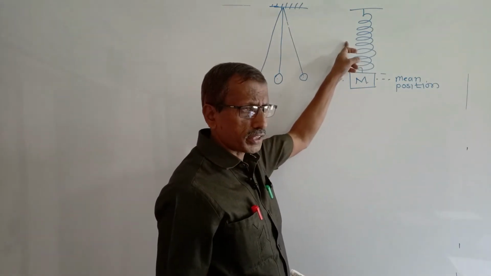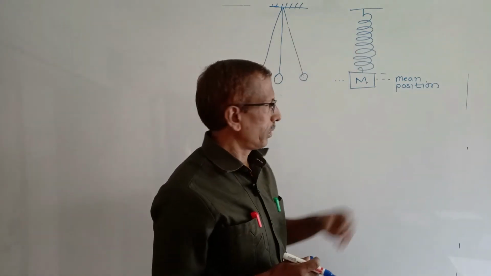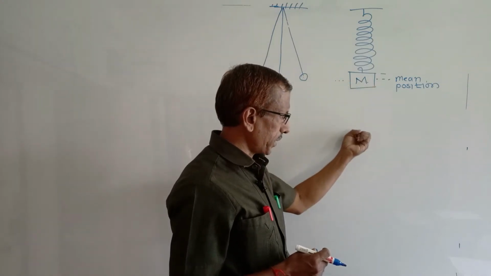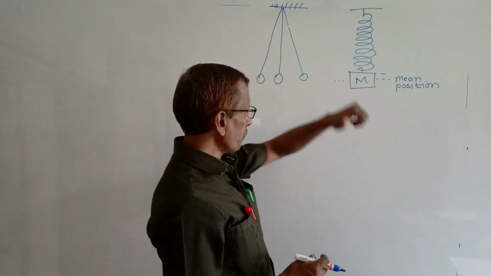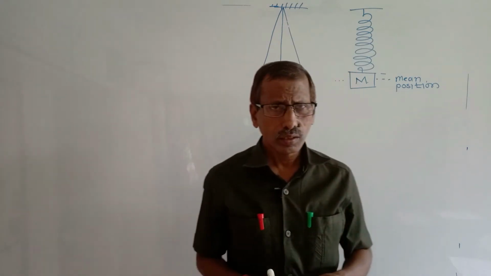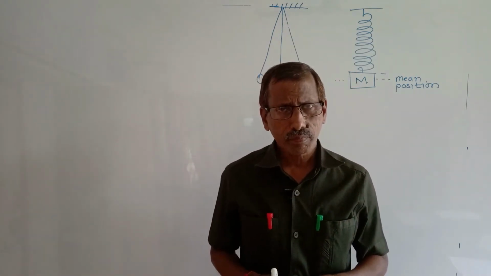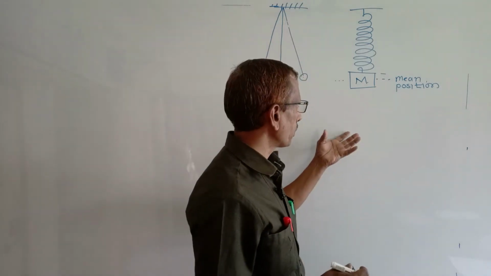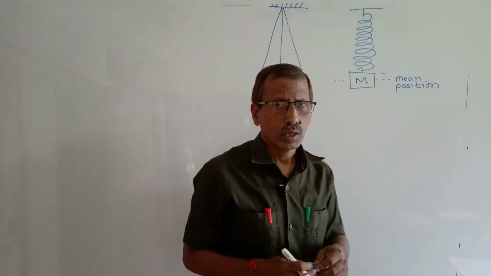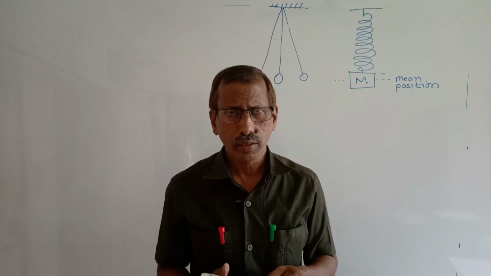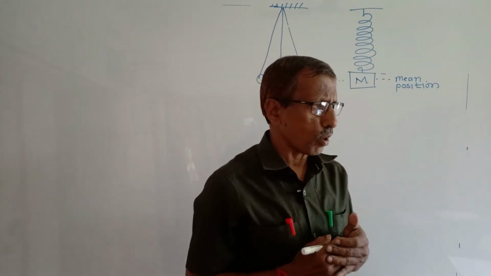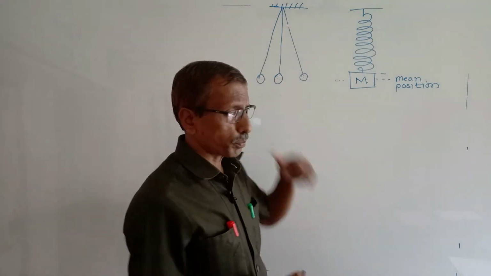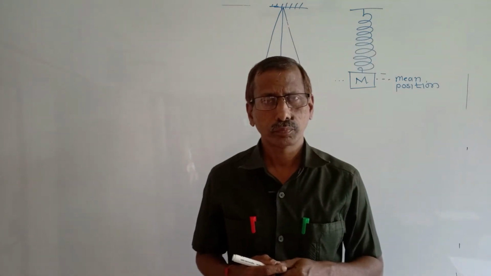Due to the elasticity property, when this block is extended in the downward direction, a restoring force develops in the body. So when it is released, it performs linear simple harmonic motion, explained on the same basis as in the simple pendulum.